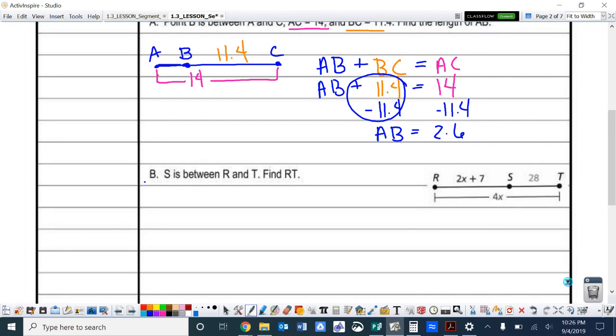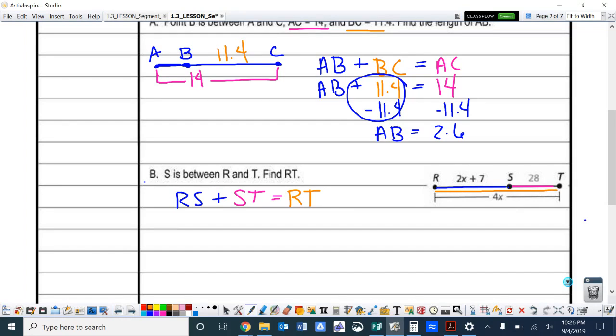So in problem B, it says S is between R and T. Find RT. We don't know that S is in the middle. It's not a midpoint. So we're going to have to take RS plus ST is going to be equal to the whole thing, RT.